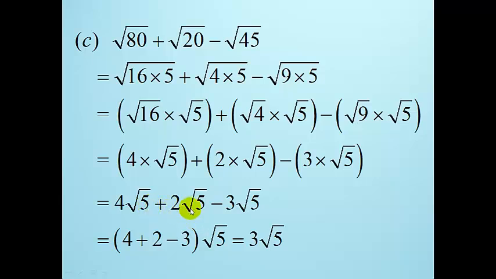That is because they carry the same surd, root 5. You can factor root 5 out, and in bracket we have 4 plus 2 minus 3. Now 4 plus 2 equals 6, and 6 minus 3 equals 3. So we have 3 root 5.